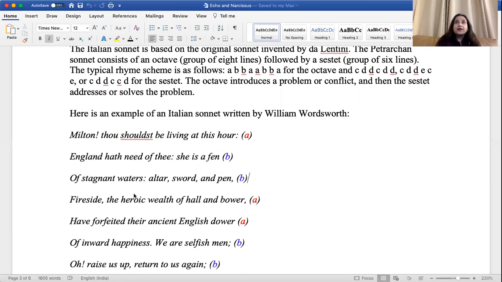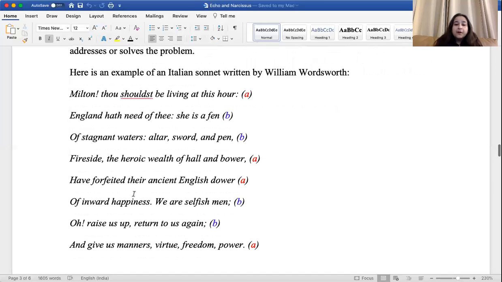So stagnant water is symbolic again. Altar, sword, and what kind of waters have stagnated? Altar is related to the church, means religion. The sword means honor, honesty, and pen, even literature. So in all ways, there has been stagnation. All right. So I would want you to read this poem and try to decode it. All right, and then let's move on.